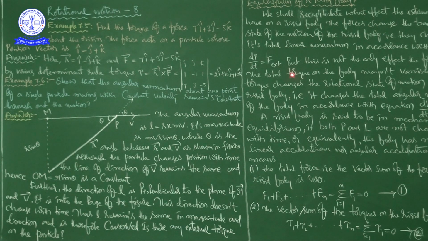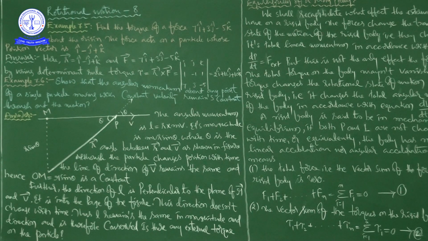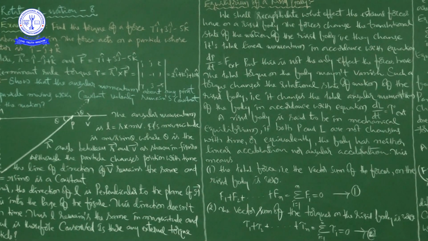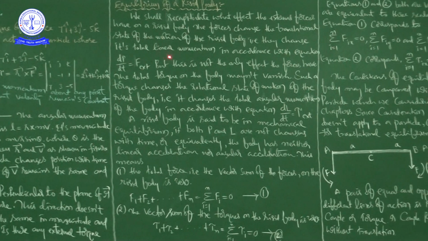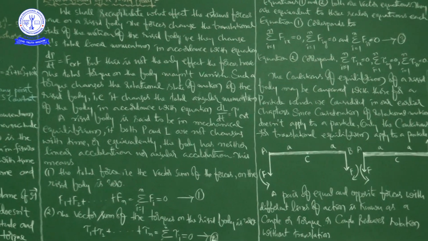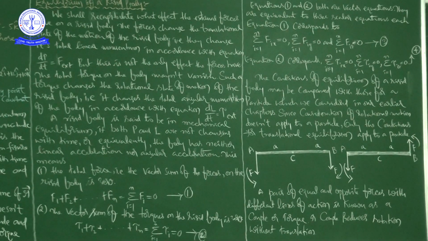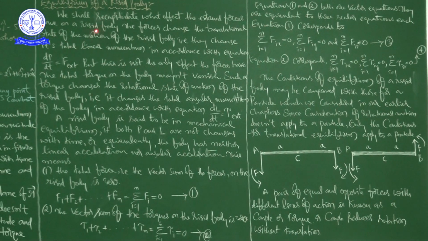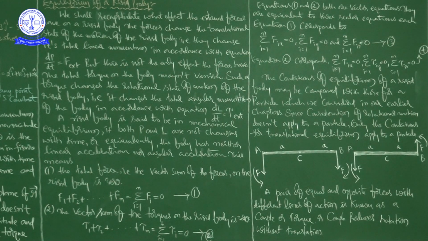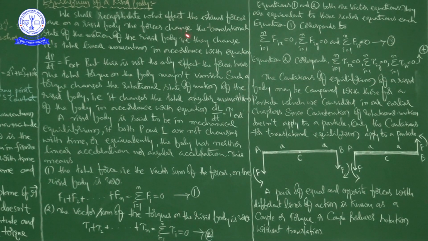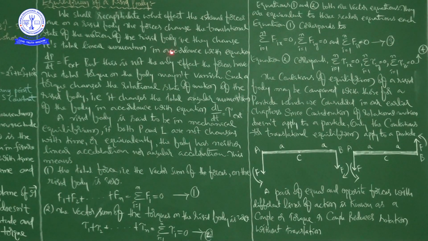So what does equilibrium of a rigid body mean? We already have an idea what effects the external forces have on a rigid body. But now what I am saying is, the forces change the translational state of the motion of the rigid body.